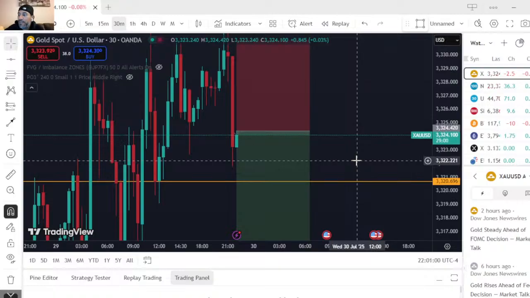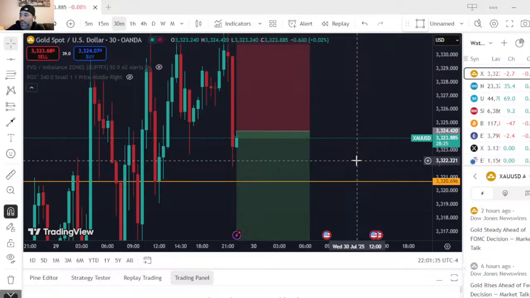Oh, it's pulling back up. All right, it's coming back up to entry here. I'm trying to make the adjustment myself here. I understand why it's not letting me.